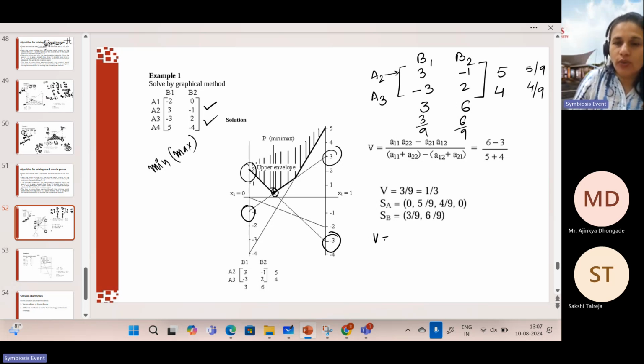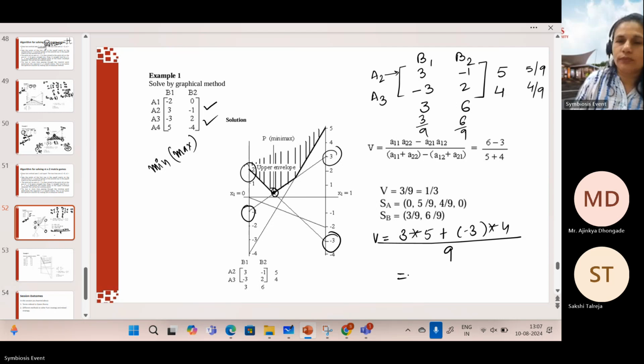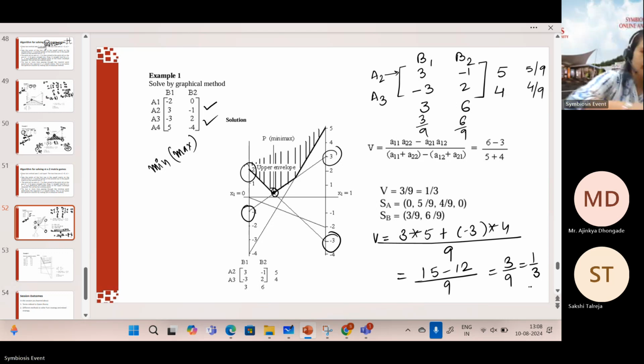And now the question comes: value of the game. So 3 times 5 plus minus 3 times 4, divided by the sum of the two, that is going to be 9. So I'm getting the figure 3 by 9, which equals 1 by 3. Done. So this is how we can find out the m cross 2 maximin.